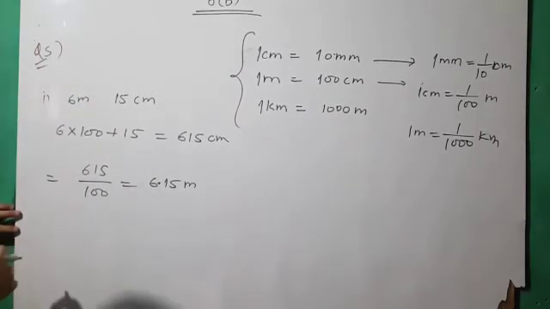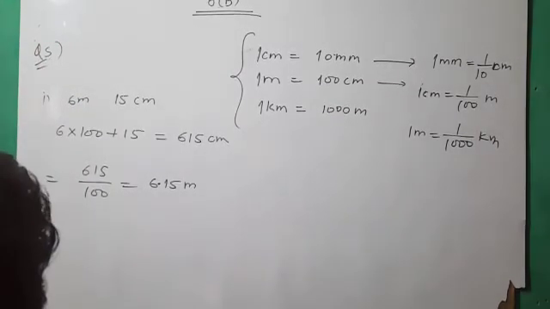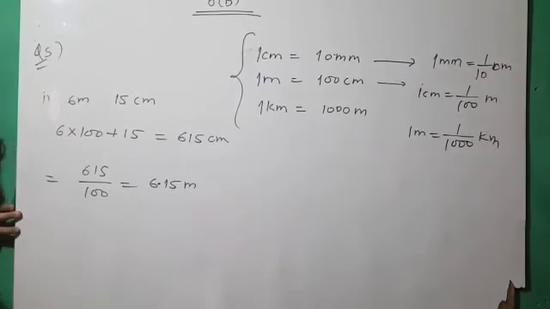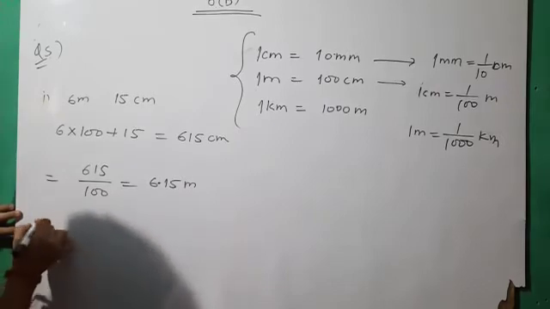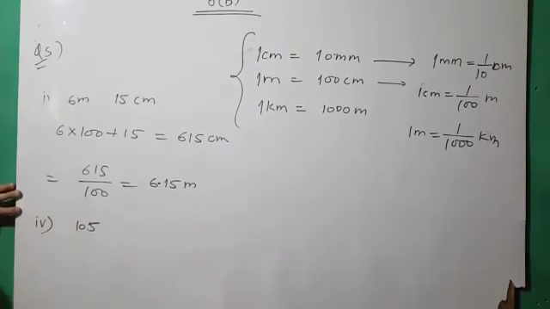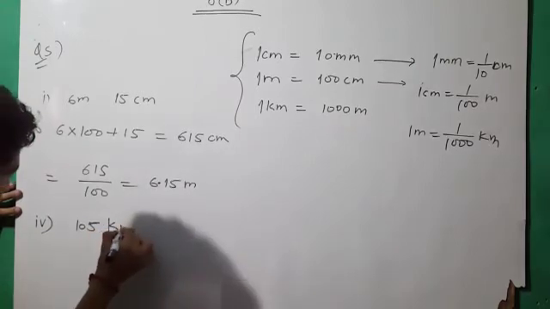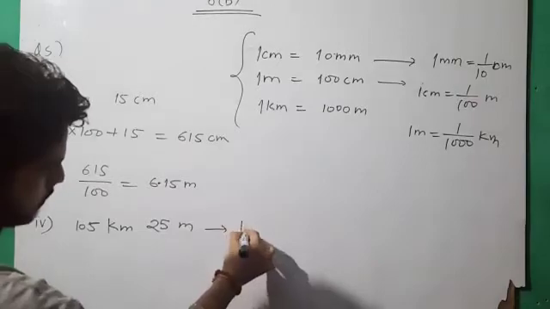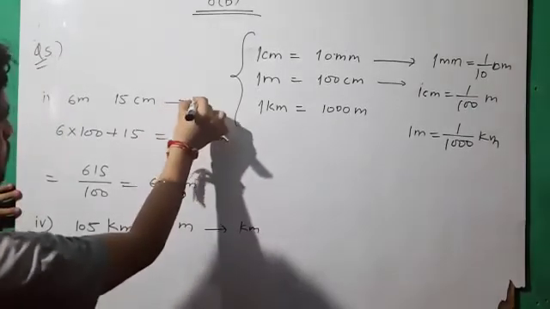Fourth part is 105 kilometer 25 meter, and we have to convert it into kilometer. Here we first have to convert into meter.